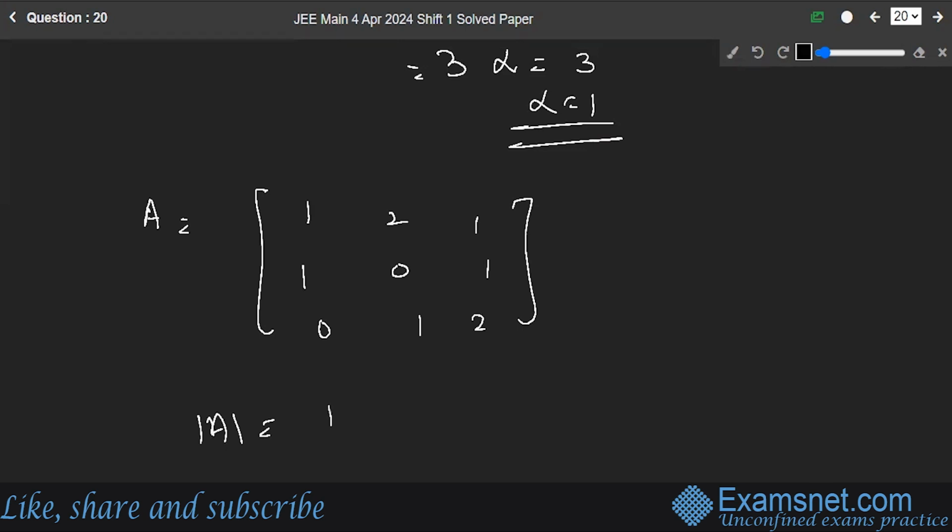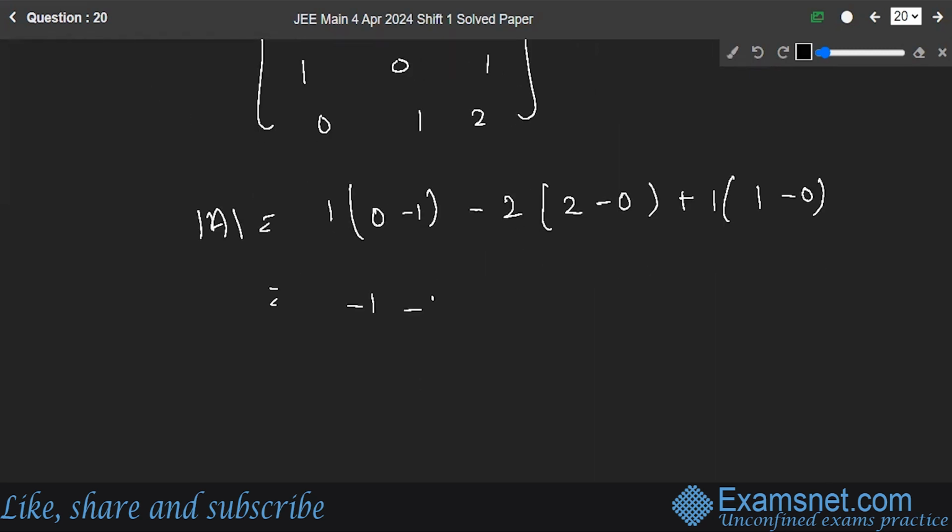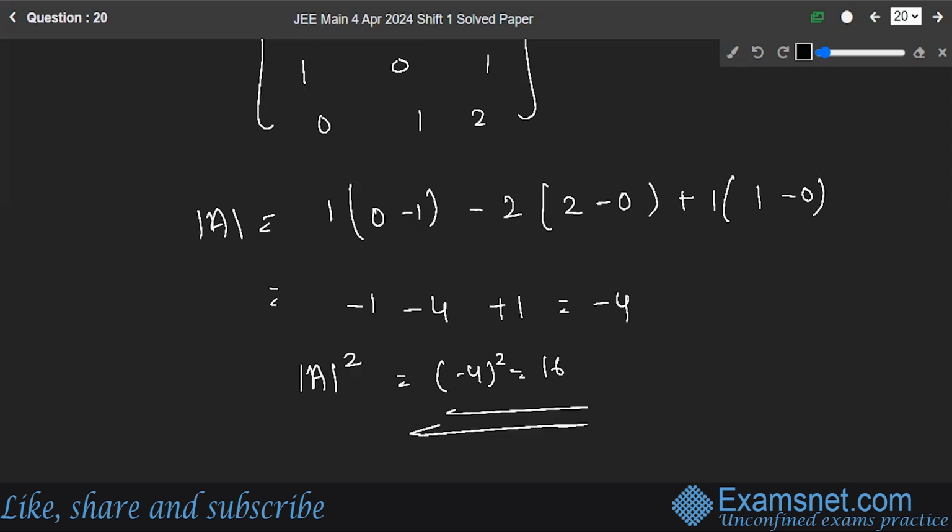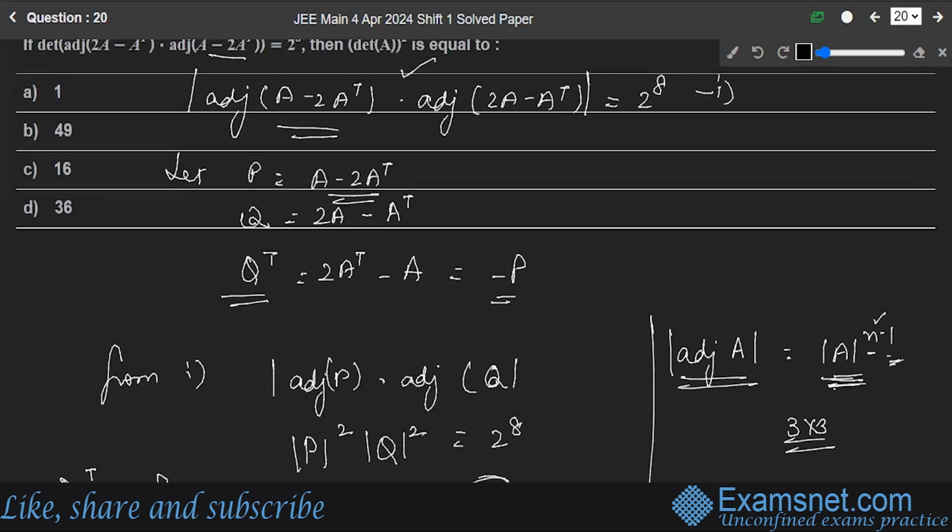This will be equal to 1, 0 minus 1 minus 2, 2 minus 0 plus 1, 1 minus 0. Minus 1 minus 4 plus 1. This will give me minus 4, right? And the square of it will be 16. So this is the right answer to the question. Option C stands to be the correct answer.